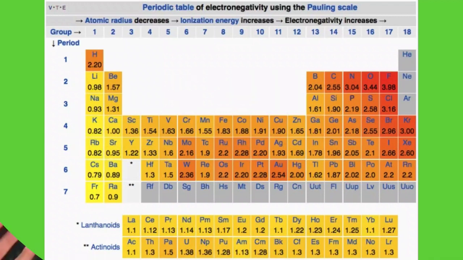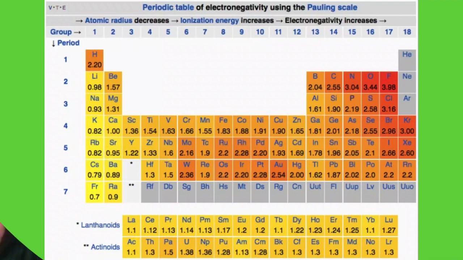Thinking about biologically relevant elements, fluorine, which is the highest electronegativity atom that we see, is not very commonly found in biological systems, so we don't need to worry about it. Right next to it, though, is oxygen. Oxygen is the most electronegative element that we will come across normally in biological systems.